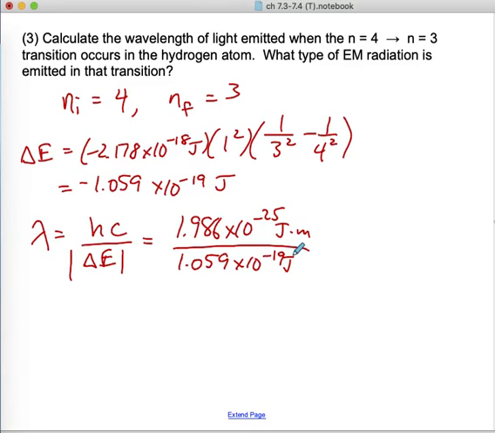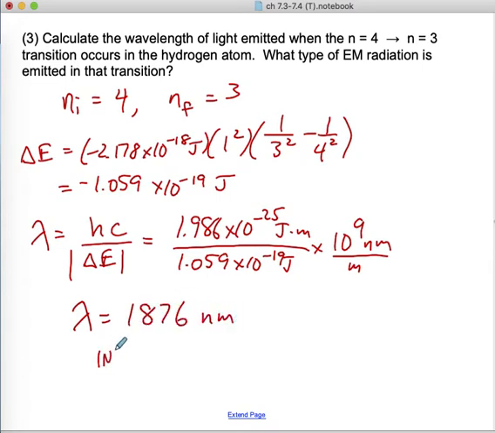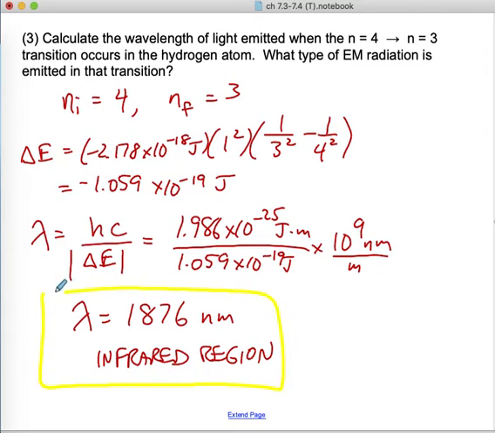And because nanometers are sometimes more useful to consider than meters, I'm going to multiply this by 10 to the 9th nanometers per meter, and that gives me a wavelength of 1,876 nanometers, which is in the infrared region. I do not expect you to know that, but if I give you a spectrum like you saw earlier in the video, you should be able to pick that out.